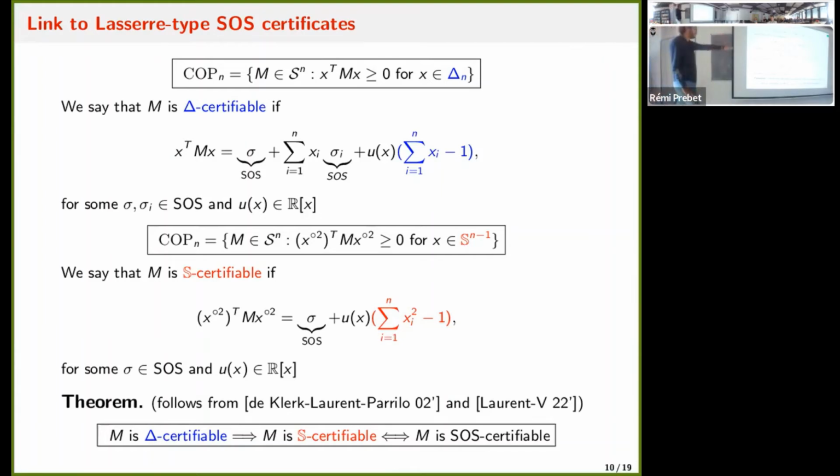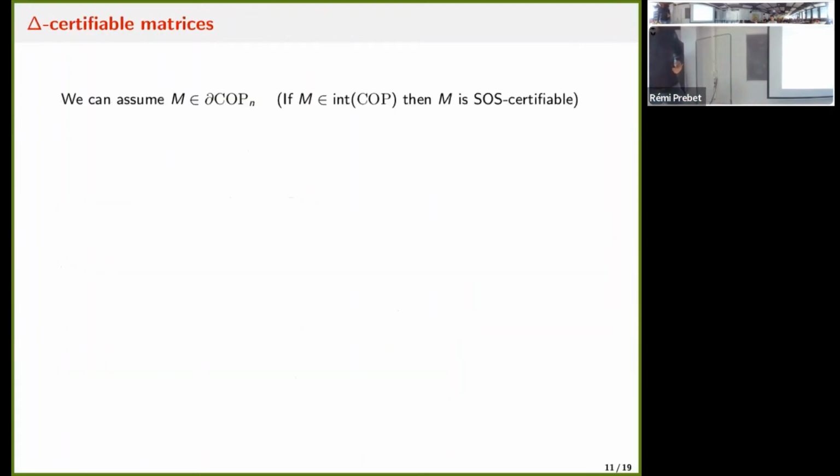So the first idea is that we are going to try to find sufficient conditions so the matrix is delta certifiable, which would imply that it's SOS certified. First of all, we can assume that M is in the boundary of the copositive cone, because if M is in the interior of the copositive cone, then it's SOS certifiable and delta certifiable, by the Reznick theorem, Polya theorem, Putinar's theorem, any positive Stellensatz will prove that.